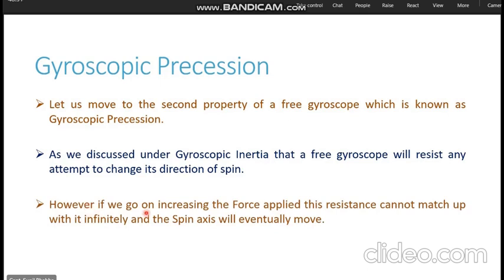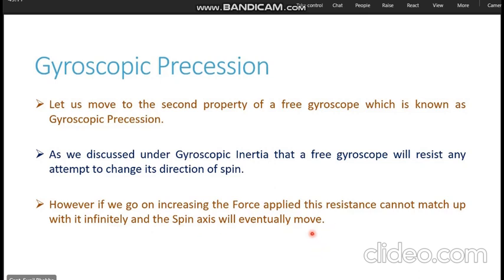However, if we go on increasing the force being applied, this resistance cannot match the applied force infinitely, and at some point of time, the spin axis will eventually move.